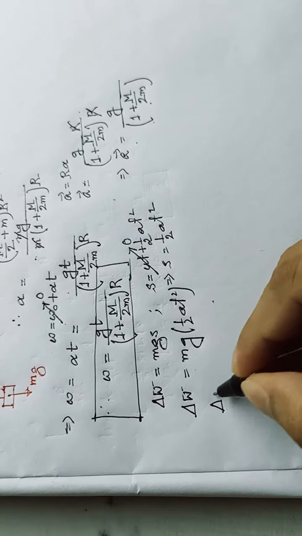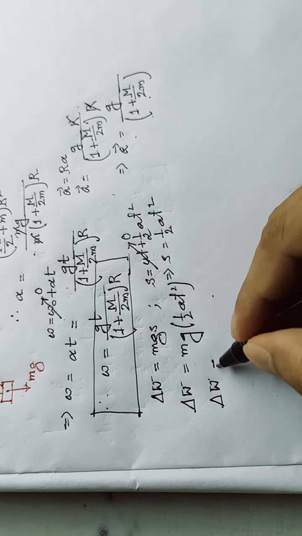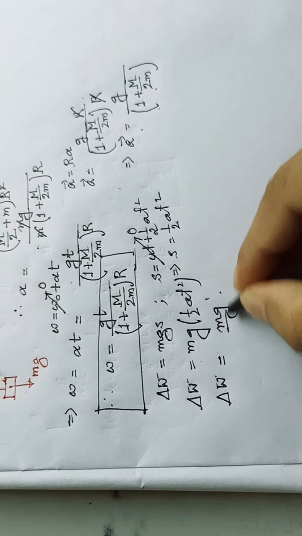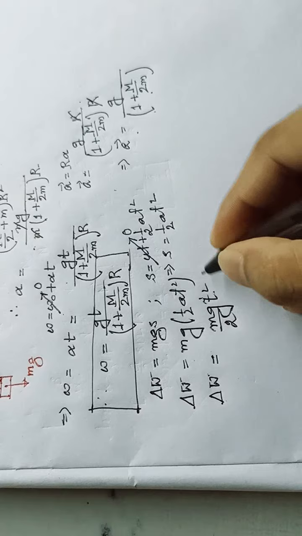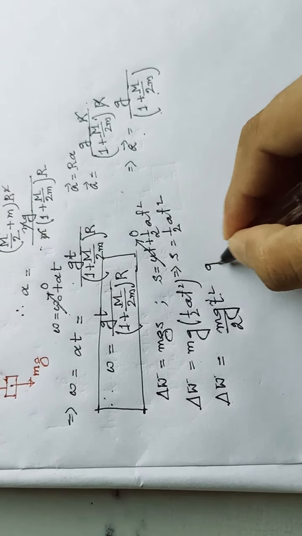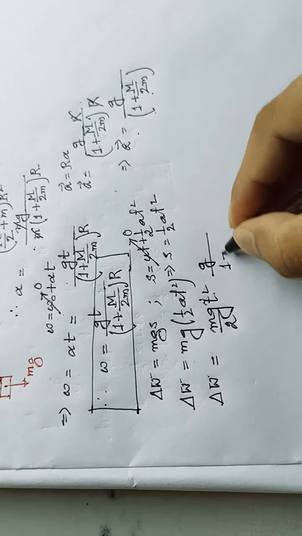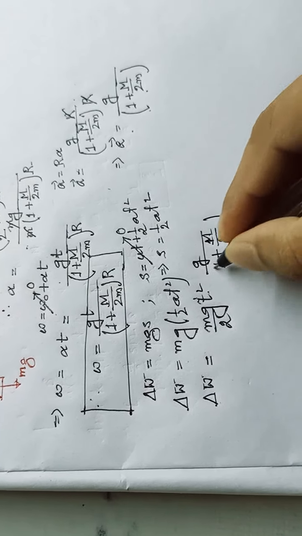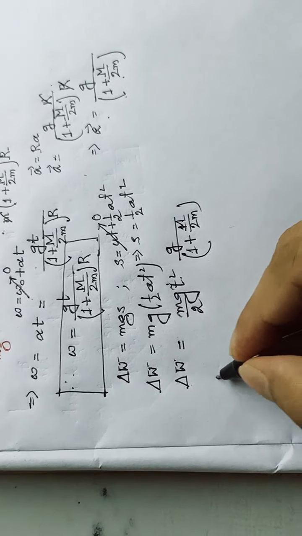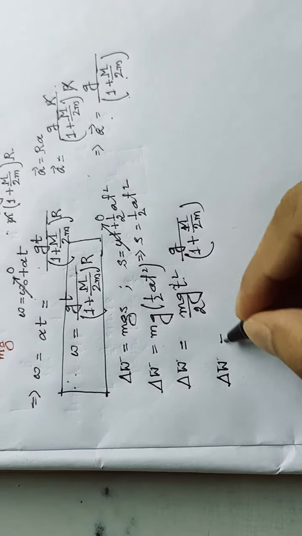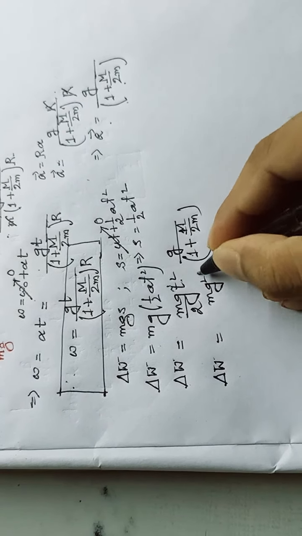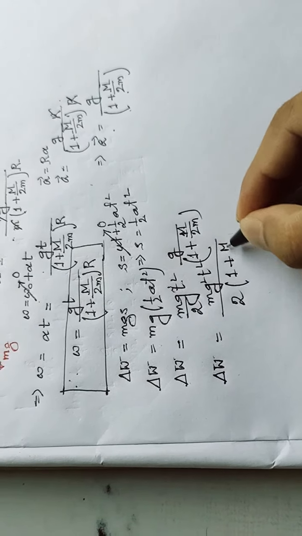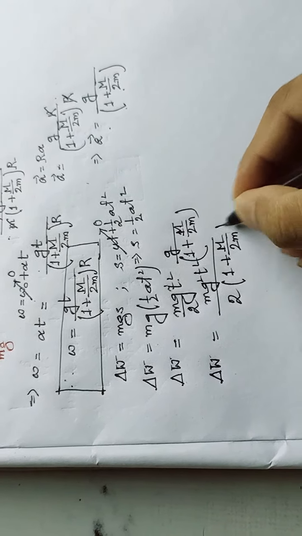Now we'll put the value of linear acceleration in this equation. After putting the value of a, our required work done will be equal to mg divided by 2 into t square multiplied by a. But the value of a equals g divided by 1 plus capital M divided by 2 times small m. So our required change in work done equals m g square t square divided by 2 times 1 plus capital M divided by 2 small m.